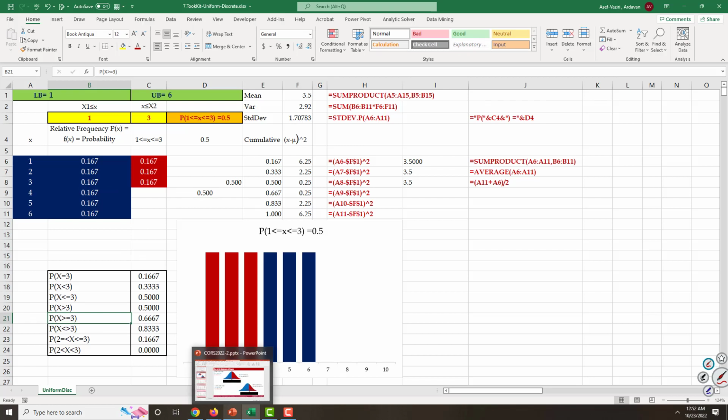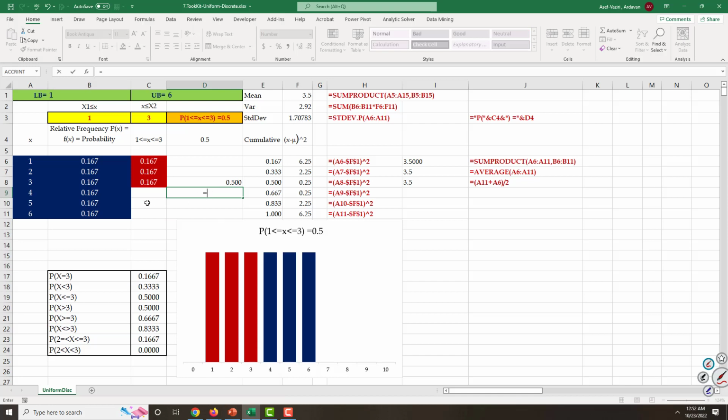Probability of x greater than or equal to 3, equal to summation of 3, 4, 5, 6, which is also equal to 1 minus x less than or equal to 2. Summation of 2 gives me the same thing.